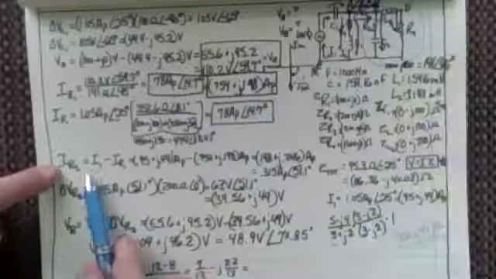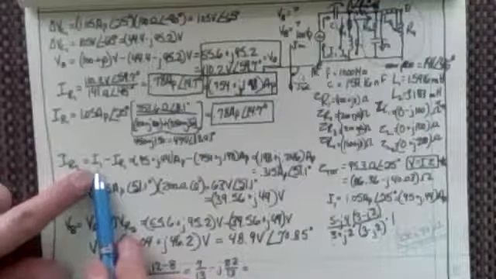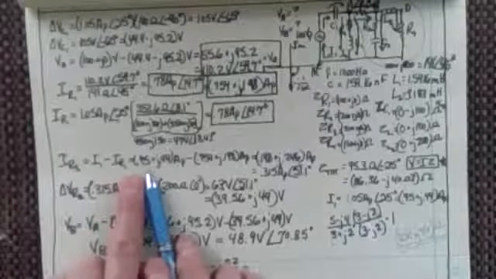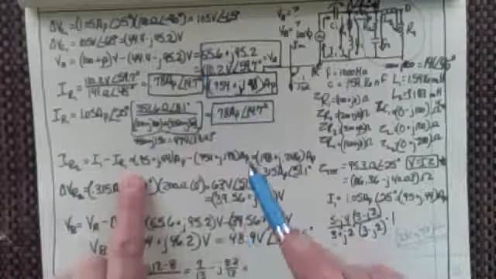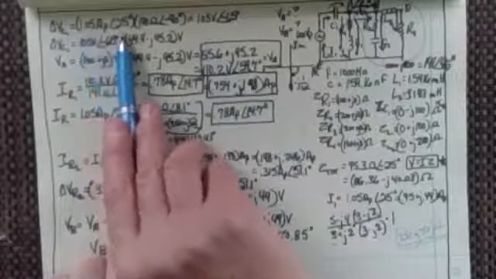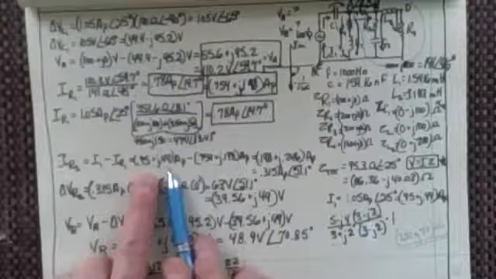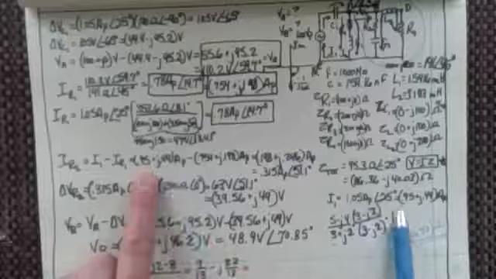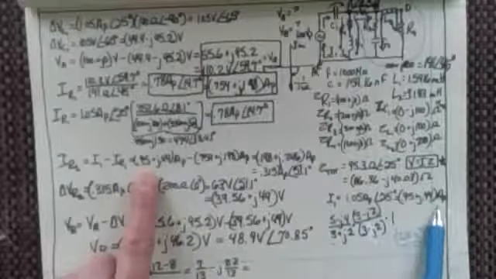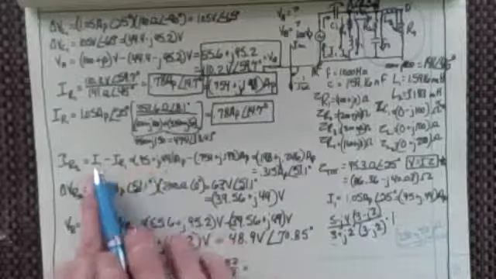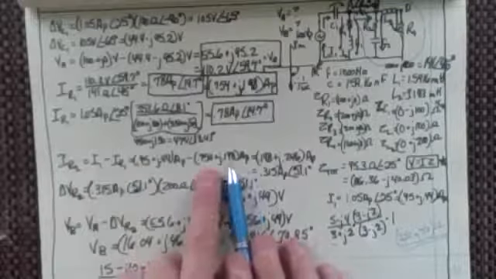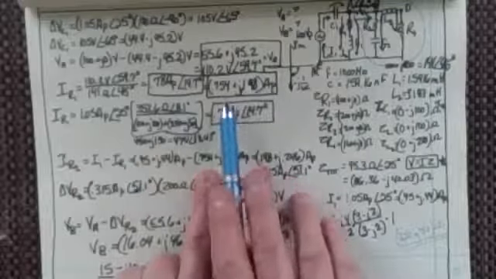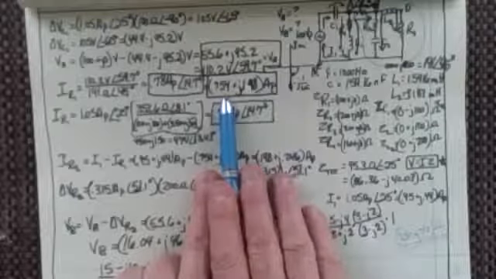So if I subtract that off the total current, and this is the total current, the 1.05 amps at 25 degrees. I've just broken it down into its rectilinear form, and I have it over here. We did it when we first started that last lecture too. So I have that, and then I've just subtracted off this in its rectilinear form, which we already did in the lecture right before this.